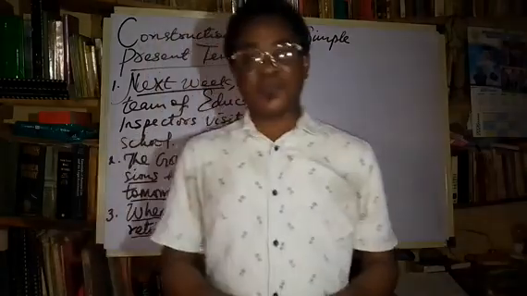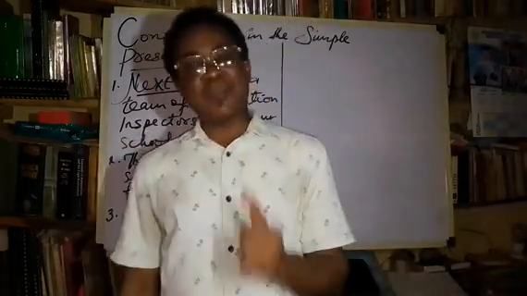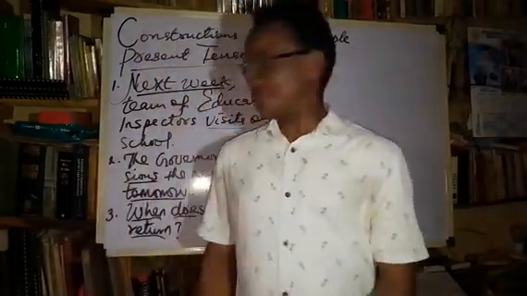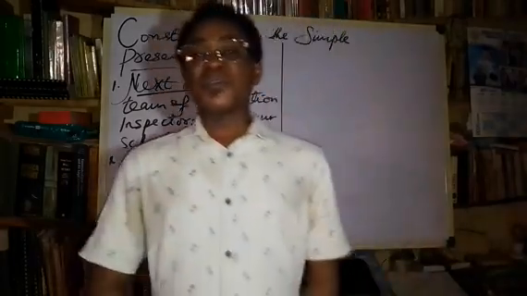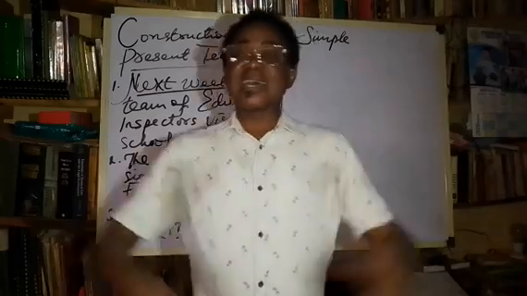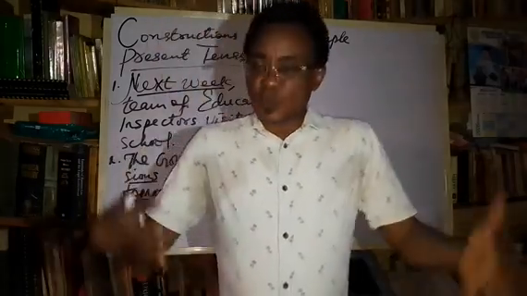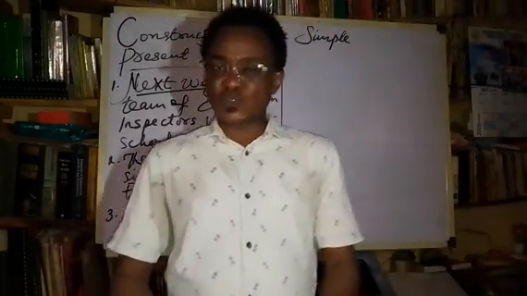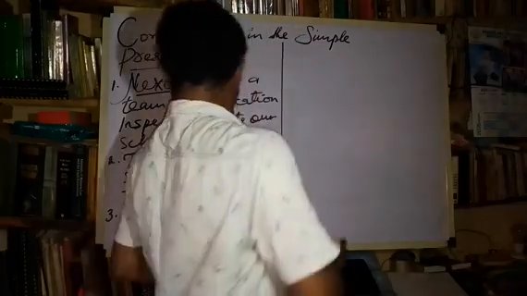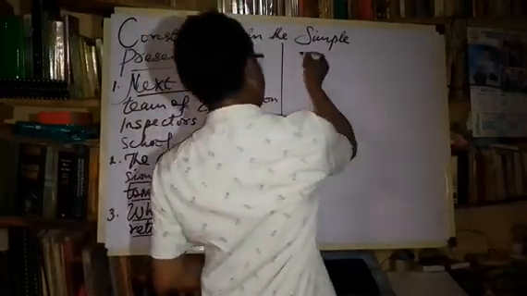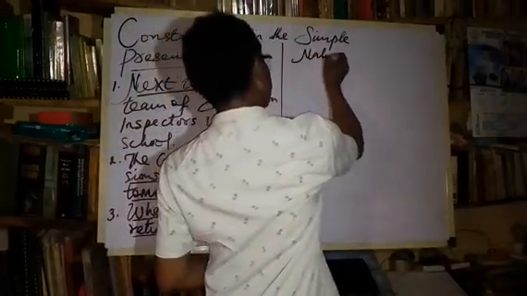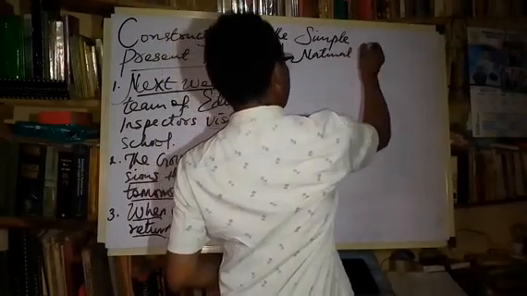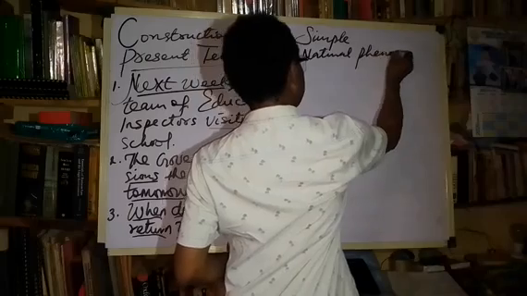We use the simple present tense to talk about events that are changeless. That is, we say natural phenomena or natural truth, which is changeless. So, I would say natural phenomena.